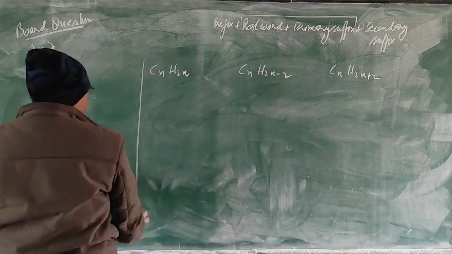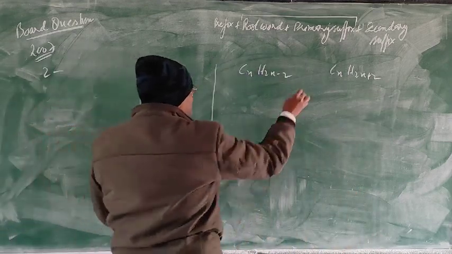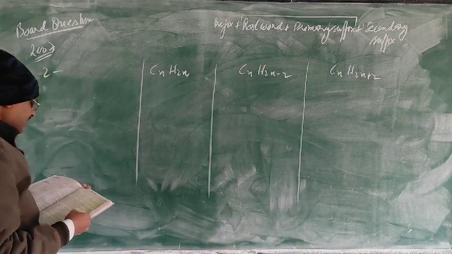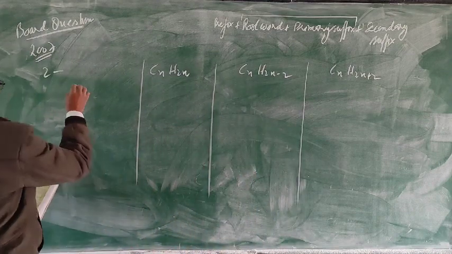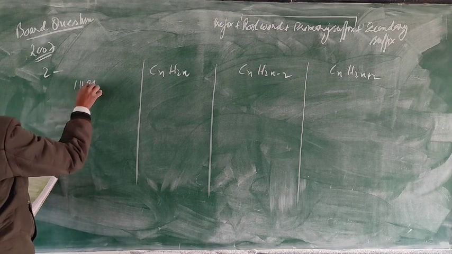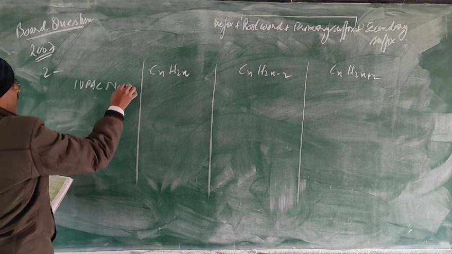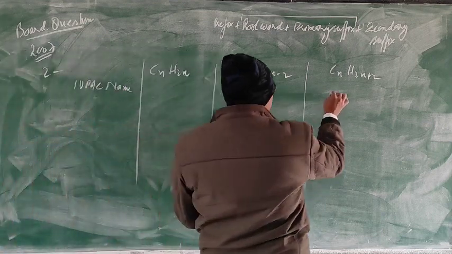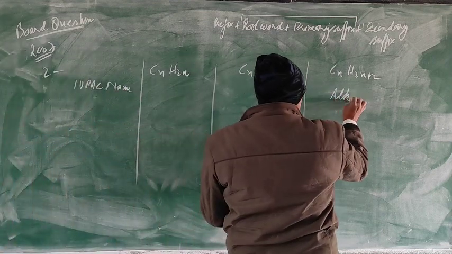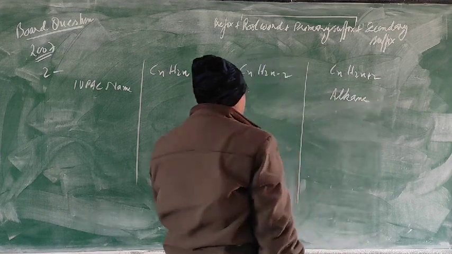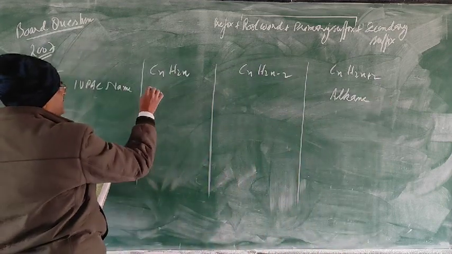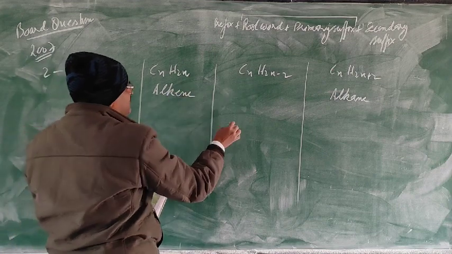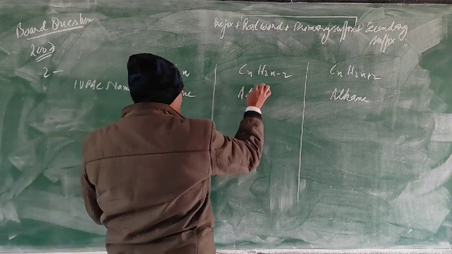So what is asked of you? It is also an important question. First of all, they are asking for the IUPAC name. You know that the third one is alkane, this one is alkene, and this one is alkyne.